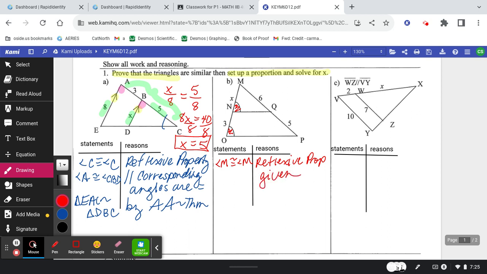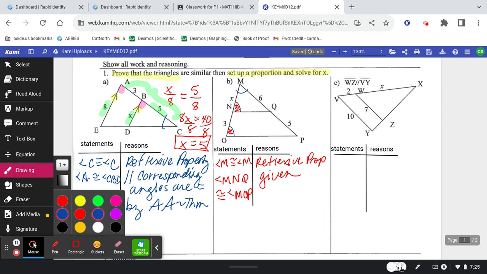So previously we had parallel lines, and we had to know that the corresponding angles are equal. These two are just given in the image. So angle MNQ is congruent to angle MOP, and that's given.